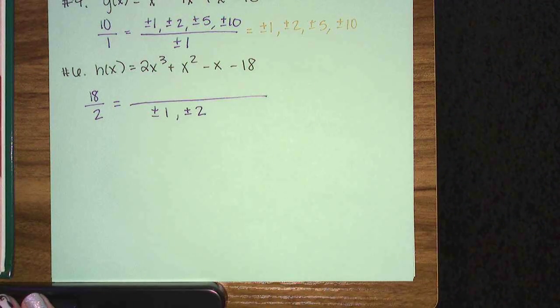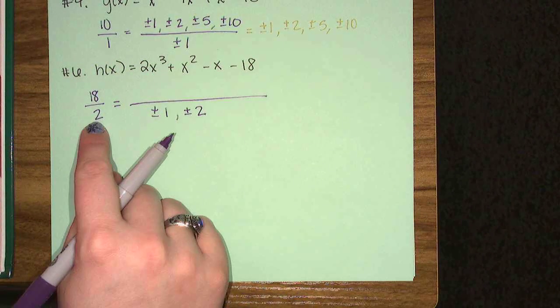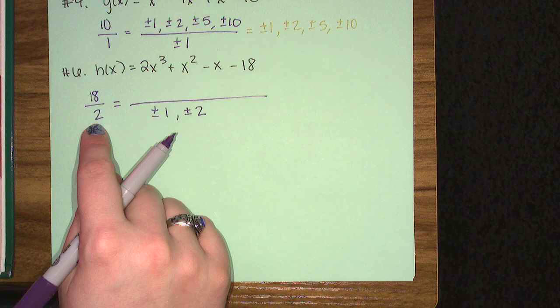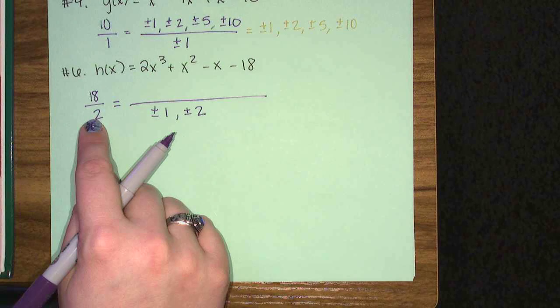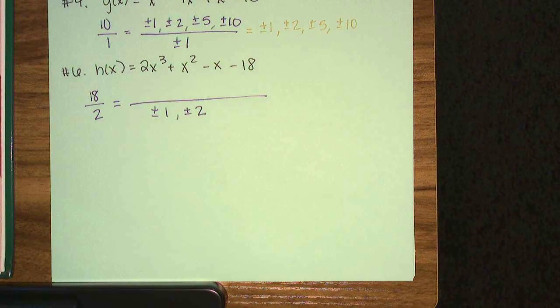Now I need all the factors of 18. Just like 2 is just 1 times 2. If it was 4, then that would be 1, 2, and 4. It's just whatever you're multiplying together. So you have to think about what pairs of things work together.